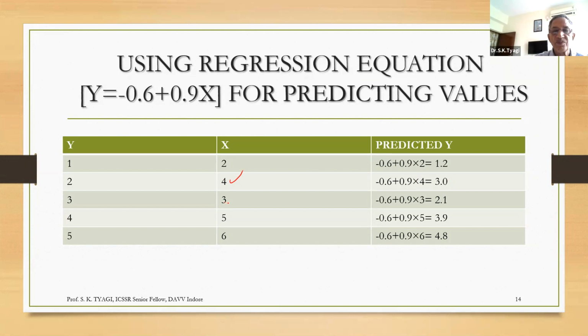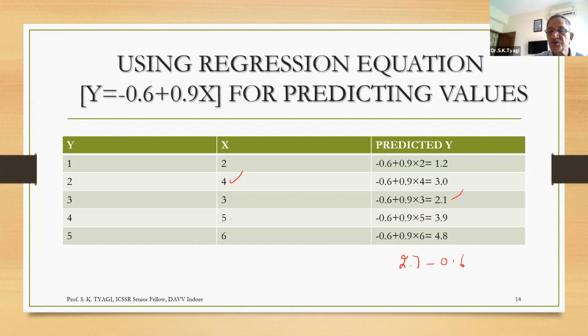For 3, the predicted value is 2.1: 0.9 into 3 is 2.7, minus 0.6 is 2.1.